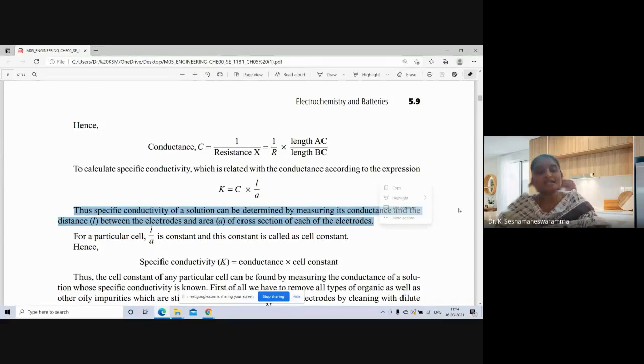Specific conductivity is equal to conductance into cell constant, conductance C into L by A, where L by A is the cell constant.